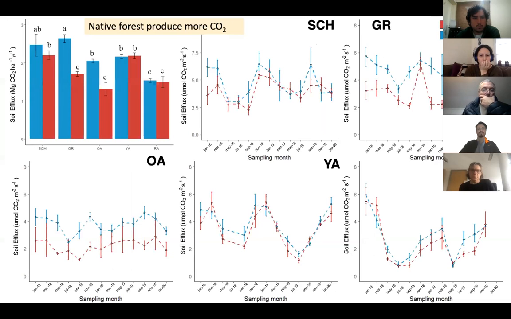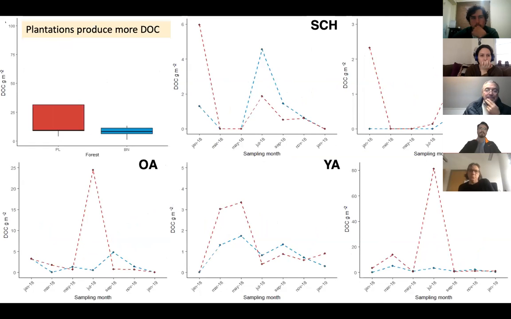When we look now at soil respiration, we see that there are also some changes in the behavior throughout the year, but what we see is that at least in two sites, the soil efflux is much larger in the native forest than the pine plantation. Now, when we look at dissolved organic carbon, it is the opposite. Now, plantations are losing more carbon through DOC than the native forests.